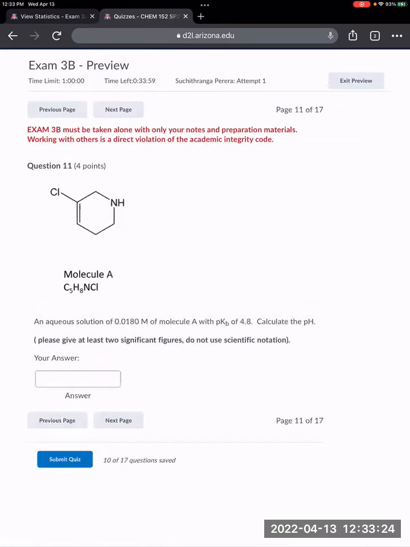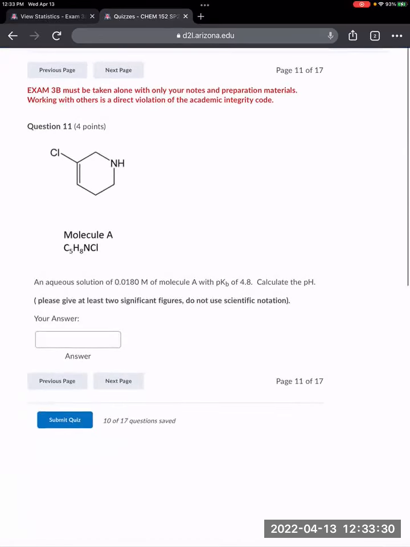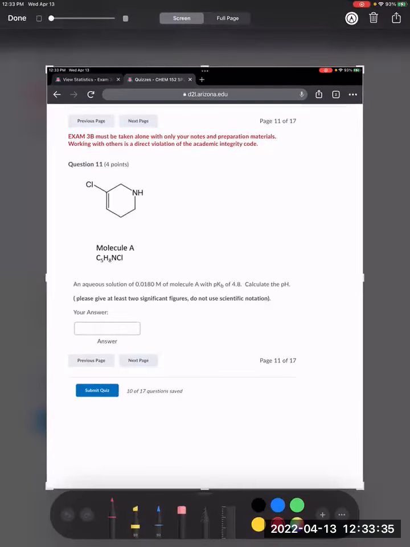Next page. Question 11, you're given a molecule. It's a base. How do you know it's a base? Because you have this amine group over here. You're given the initial concentration, C naught, and the pKb, and you need to calculate the pH.